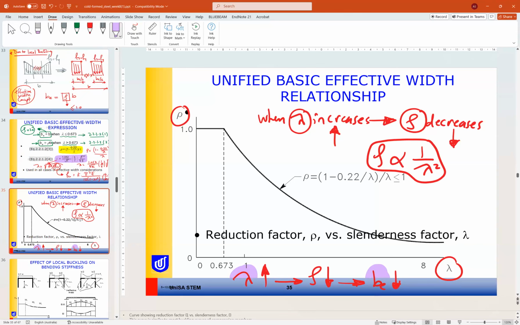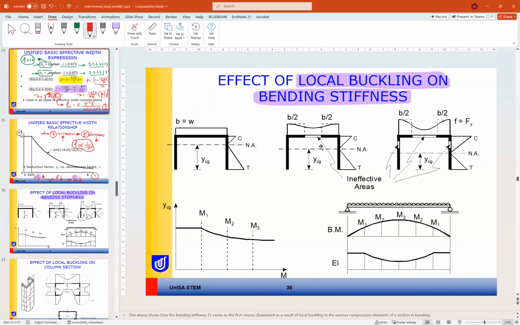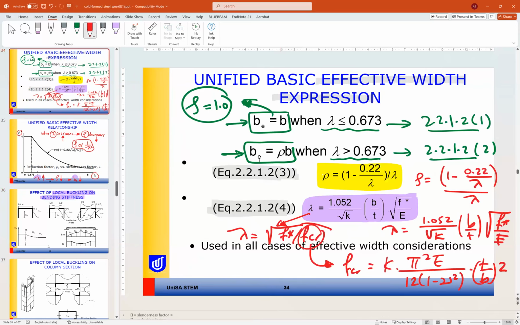And here are some examples of the effect of local buckling on bending stiffness. Because after we get B effective from here, what can we do with B effective?